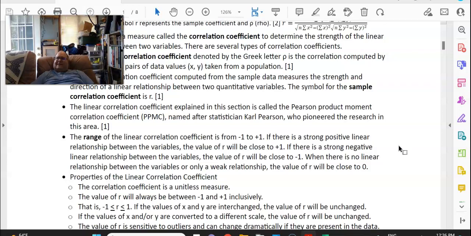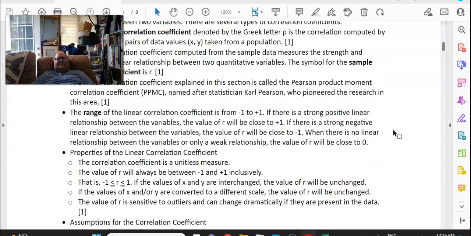And anything less than 0.5 or greater than -0.5 would give us a weak correlation, with anything truly between -0.2 and 0.2 being no correlation. The sign of the correlation coefficient is going to be the same as the sign of the slope of the line.